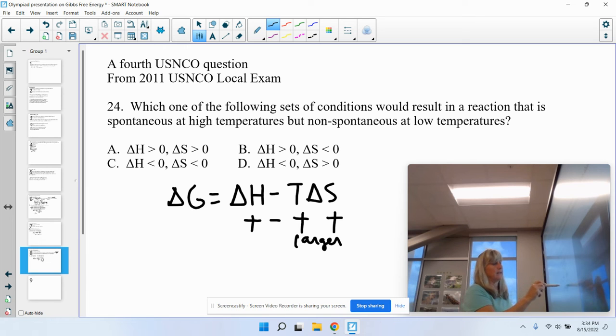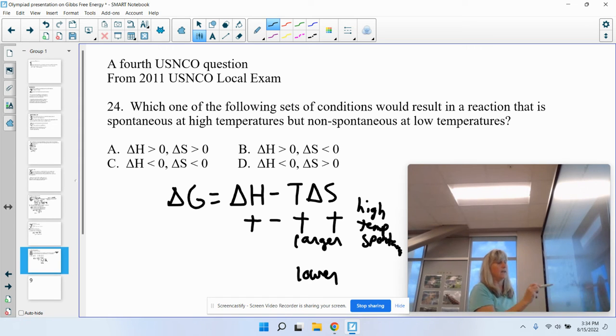So that means at high temperatures, it's spontaneous. On the other hand, if this term is lower, then a plus minus a smaller plus, it's still going to be plus overall, so that would be non-spontaneous.